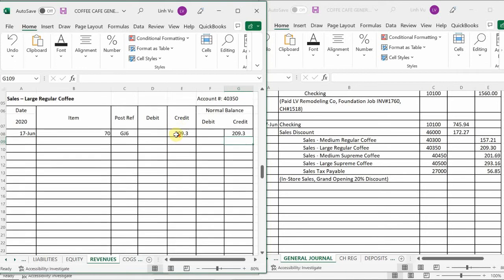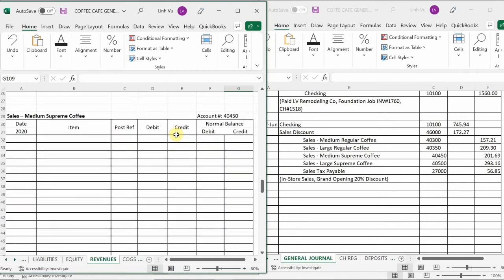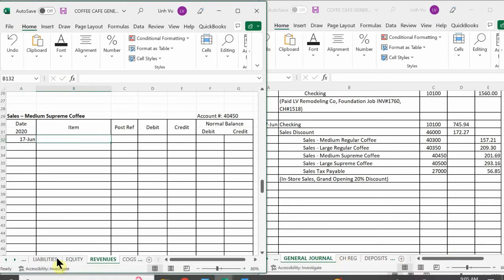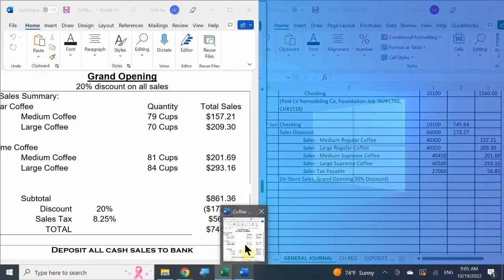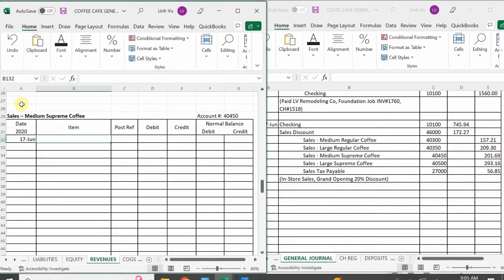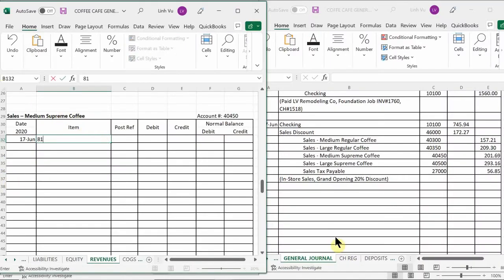Okay, next would be Supreme Coffee, and it's medium. And you had 81 cups. And the general journal is 6, and we're going to credit 201.69.